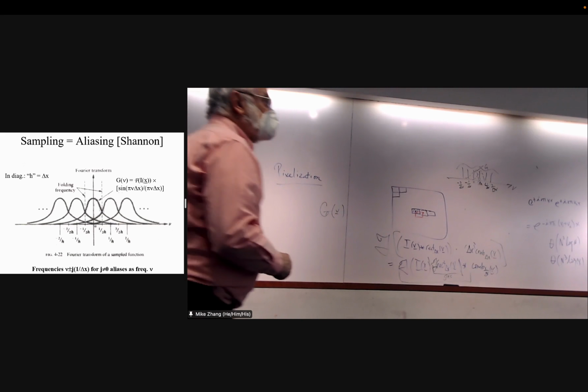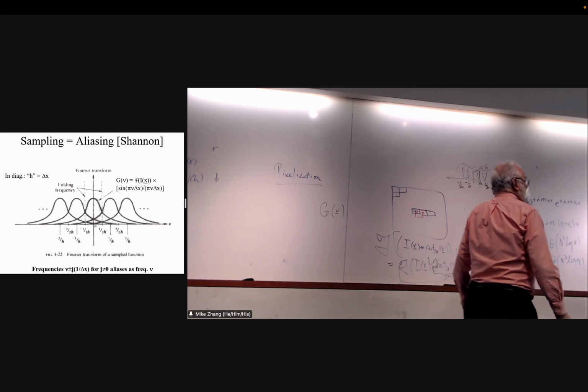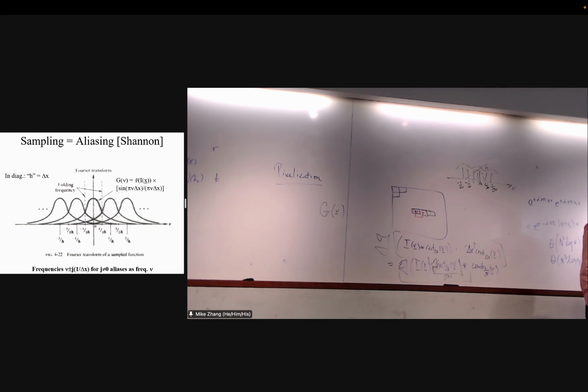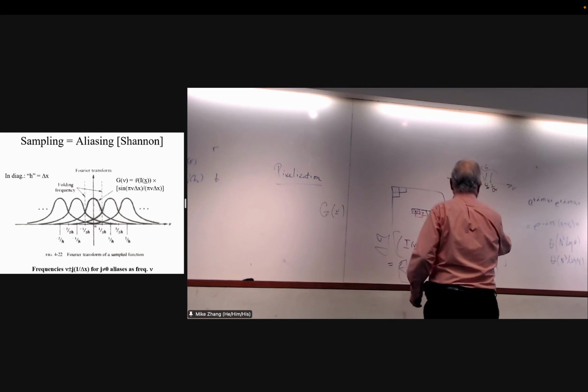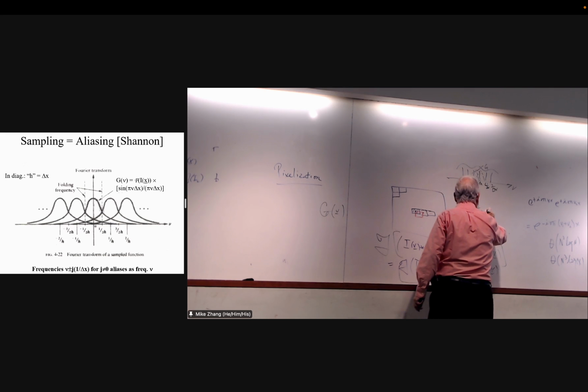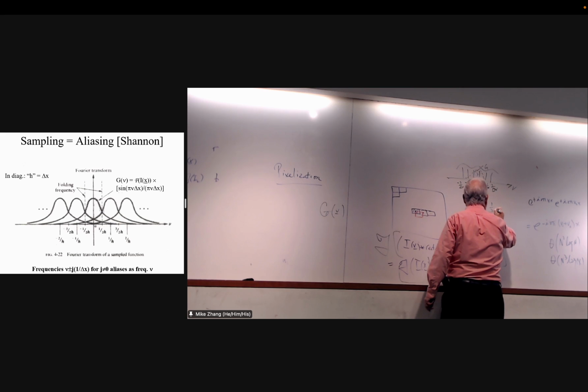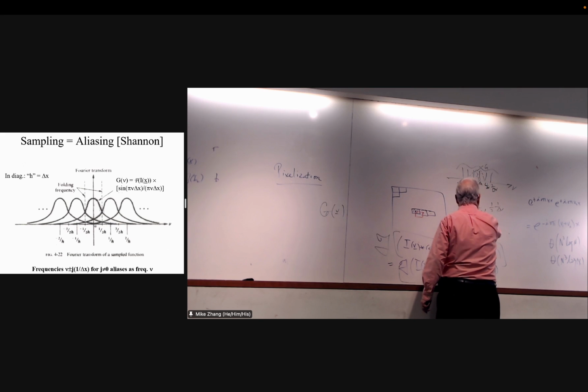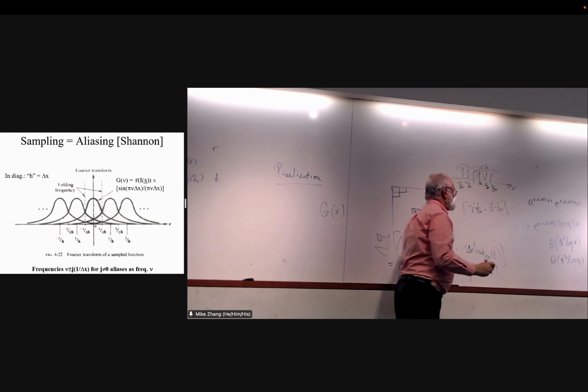Okay, so another way of saying this is I only need to know one period of this. Right? A period is with delta x. So let's look at one period of it. And that one period is going to go from minus a half times 1 over delta x to plus a half 1 over delta x. Okay, that's an interval of width 1 over delta x.